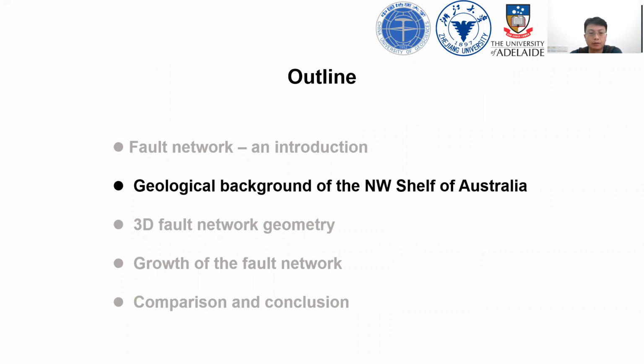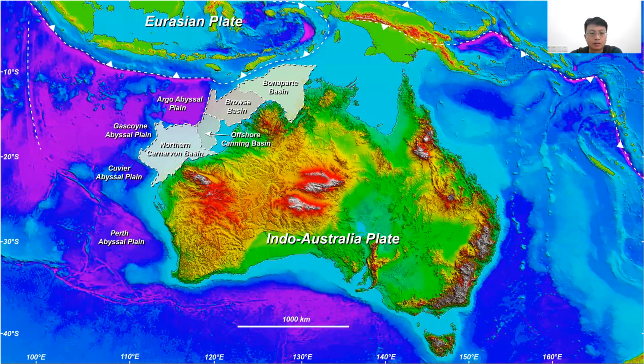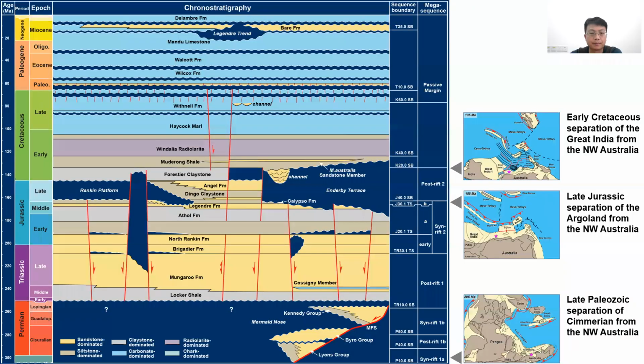Now I will introduce the geological background of the Northwest Shelf of Australia. The Northwest Shelf of Australia is a passive margin in the northwest part of the Indo-Australia plate. Our focused study area is the Northern Carnarvon Basin.